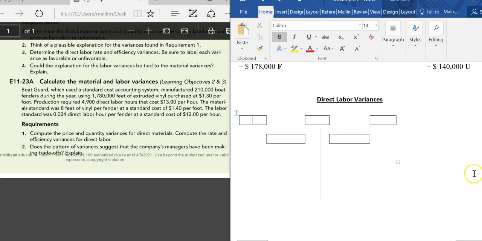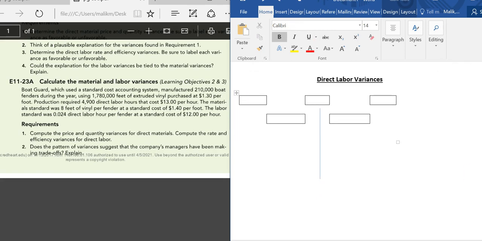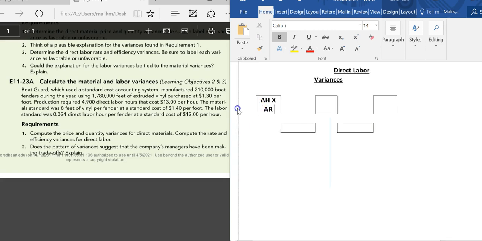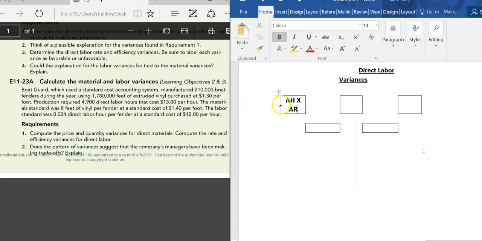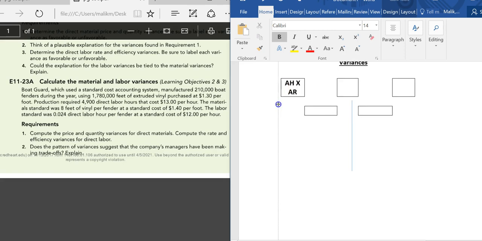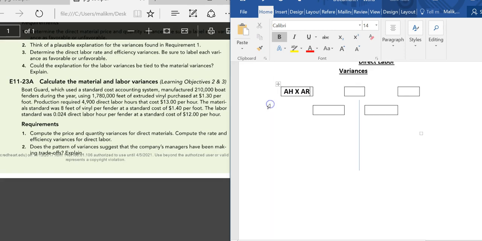So in your first box we will be using all actual, and remember, we actually don't call it actual quantity for labor, we call it actual hours. So AH times AR. AR is the actual wage rate, right? And instead of calling it the price, we will call it the actual wage rate. So it's AH times AR.